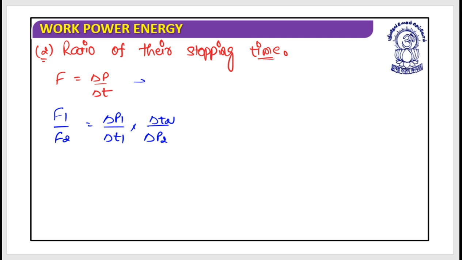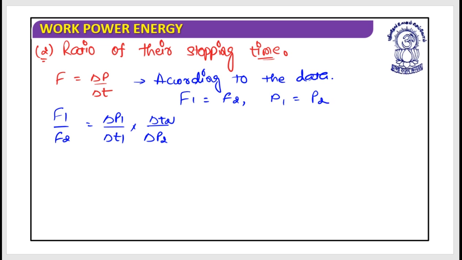Now according to the data, the retarding forces are equal, momentum are equal. So as F1 is to F2, it's a 1. Delta P1 divided by delta P2 multiplied by delta T2 divided by delta T1.